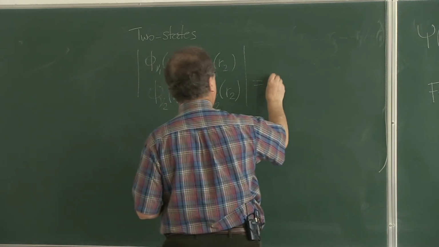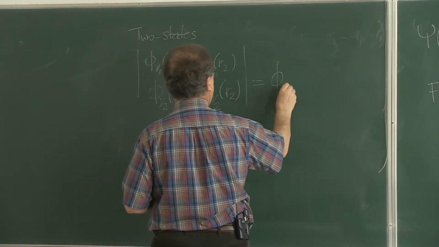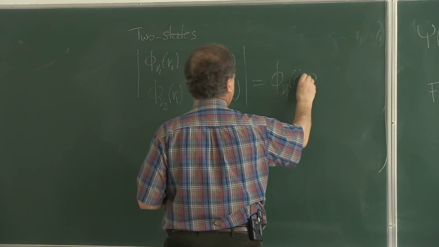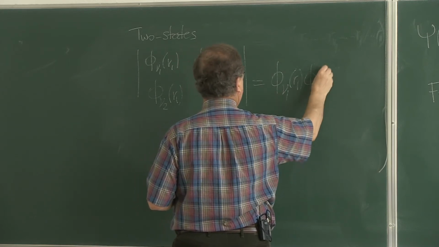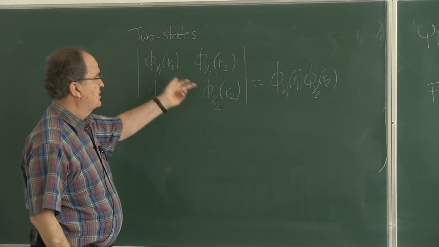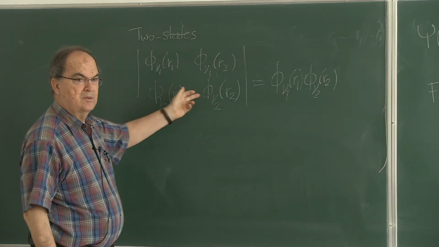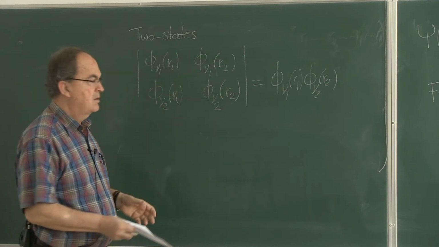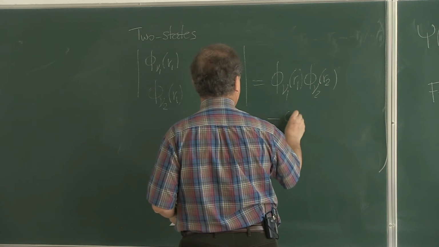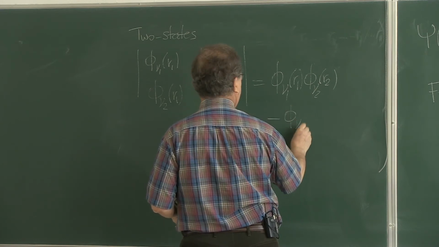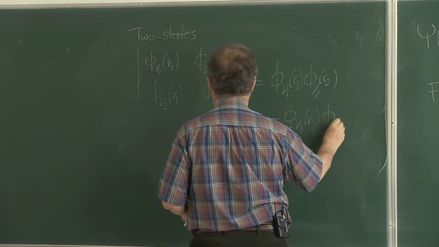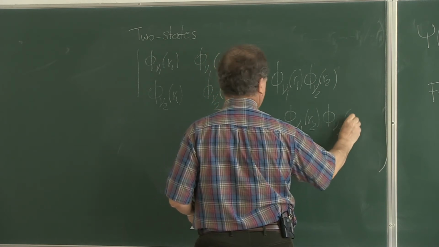Which is phi nu 1, R1, phi nu 2, R2, isn't it? That's the way you expand it. Multiply this, minus that. Minus phi nu 1, R2, phi nu 2, R1.